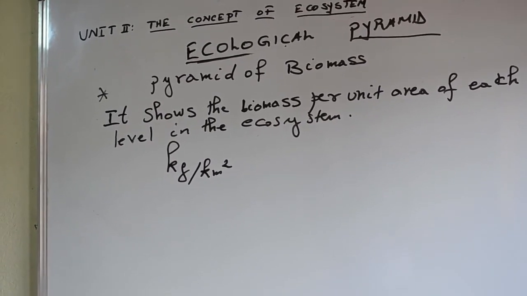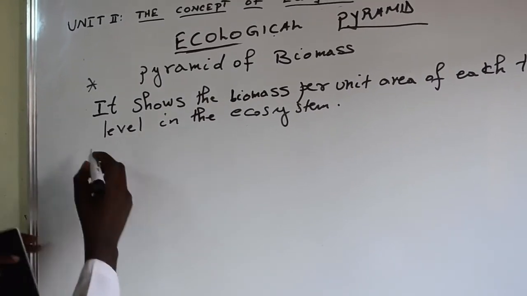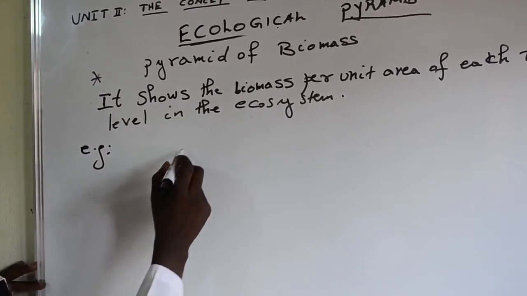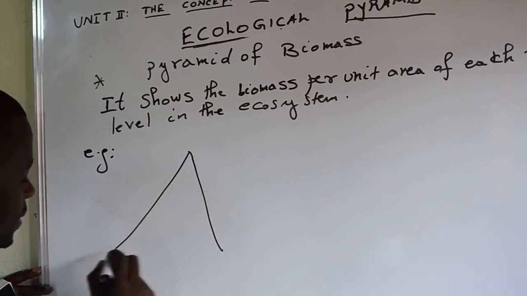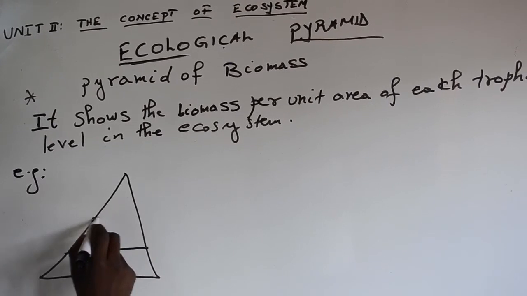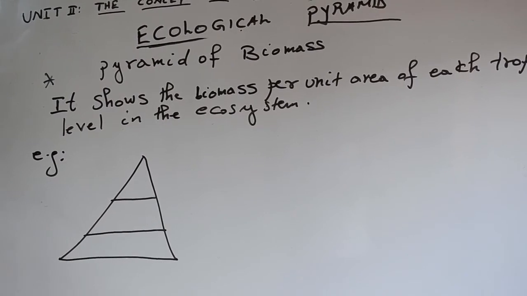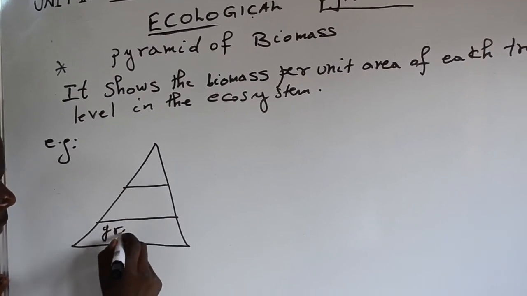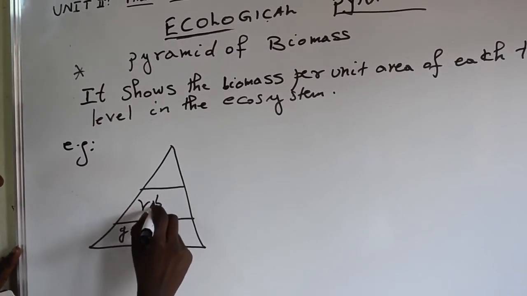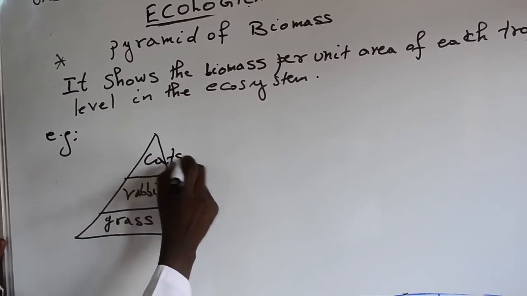So, dear students, let's have a very small example. We can have this type of biomass. We can have here a certain grass, we can have rabbits, and we can have cats.